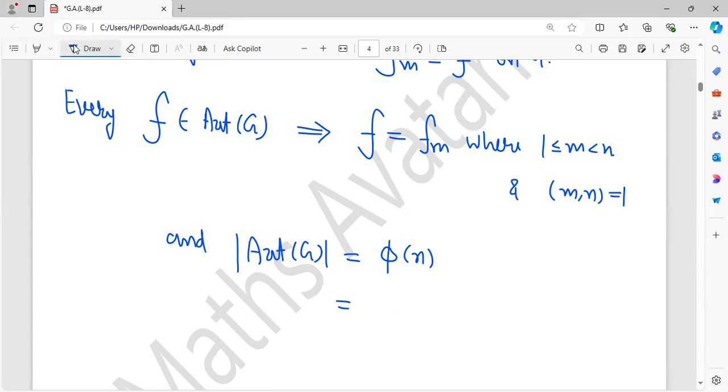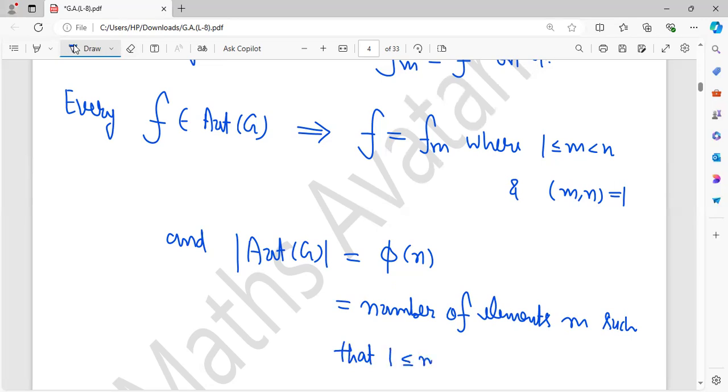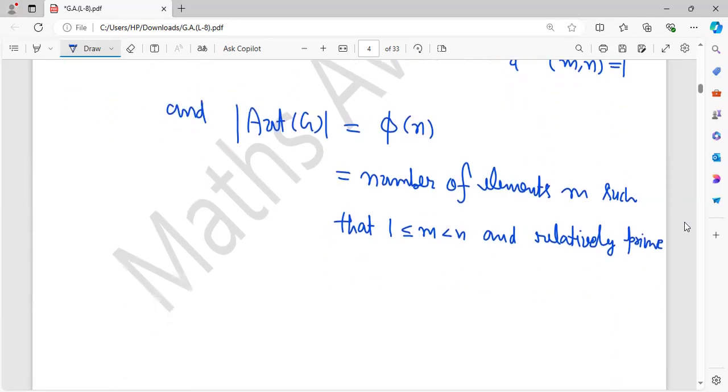What is the meaning of phi(n)? The number of elements m such that m is in this range and relatively prime to n.